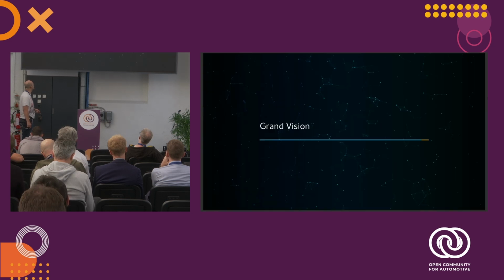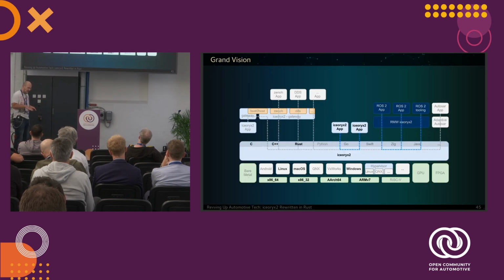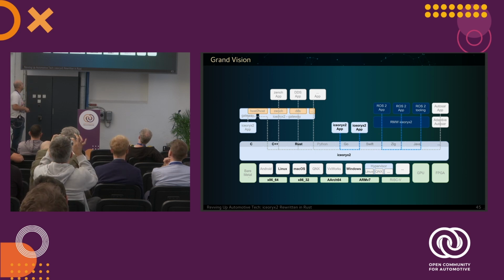And we have also a grand vision with Iceoryx, which somehow overlaps with U protocol. Here the idea is because we are so low, we are directly above the operating system, we already have a great community which provides us with gateways and with language bindings, and okay, we have already here ROS2 and RMW Iceoryx2, which is currently open source, but it's not really yet usable, it's in a beta state.